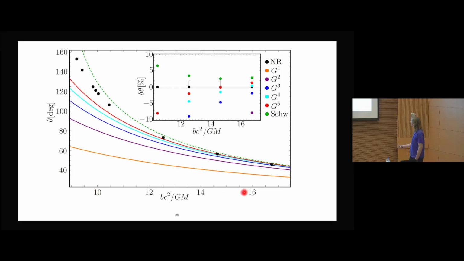And we see in the perturbative regime here, we are well within the numerical relativity errors. And if we then go to the non-perturbative regime, if we get our black holes closer to each other, NR goes up and we don't do well. So here we really need the resummation.